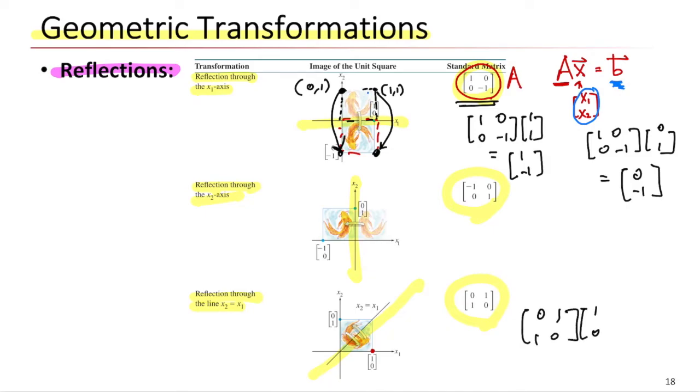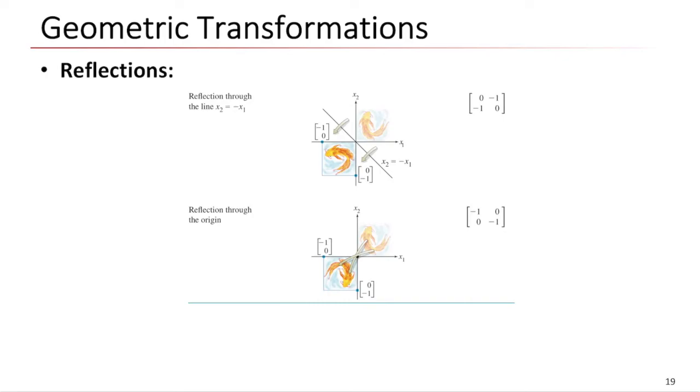Multiplying [0, 1; 1, 0] by (0, 1) gives (1, 0), and multiplying by (1, 0) gives (0, 1). So in this case, these two points replaced each other. So this is the reflection through the line.